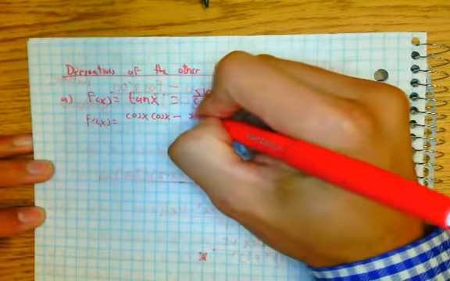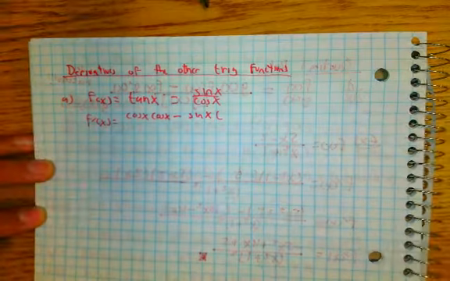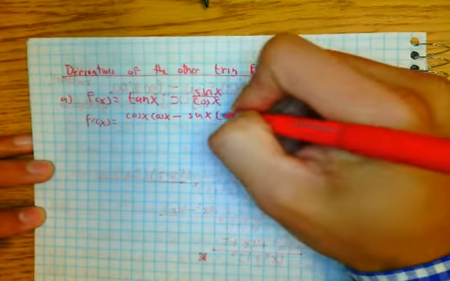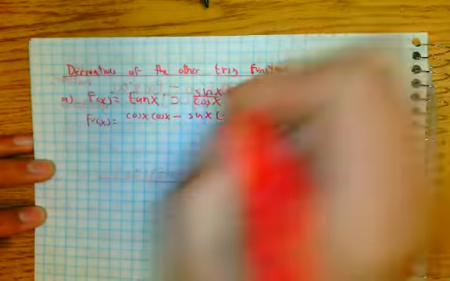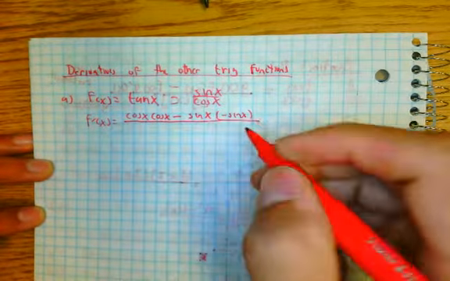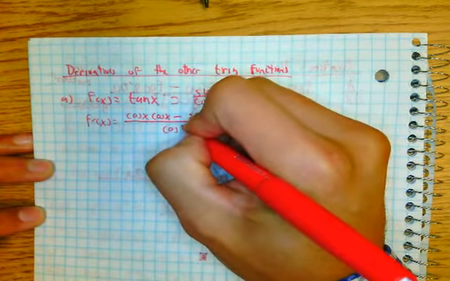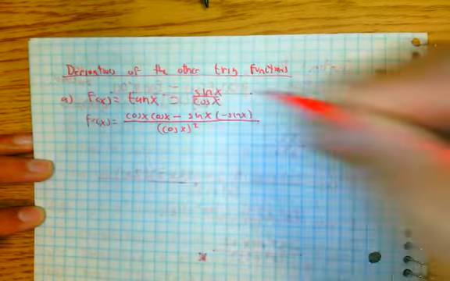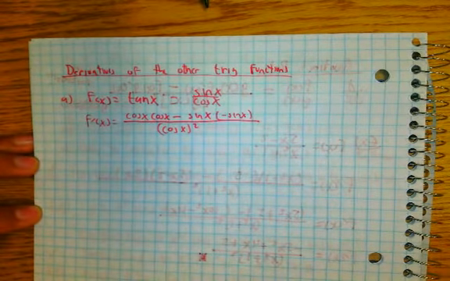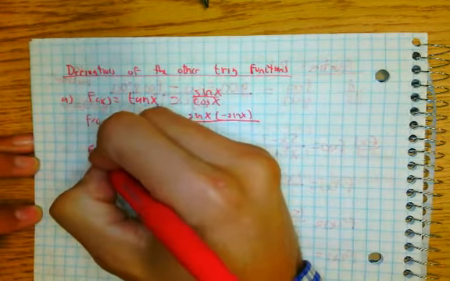Agreed? Now I'm just going to simplify things out. F prime of x, cosine of x times cosine of x becomes cosine square of x. This is going to become plus sine square of x all over cosine square of x.